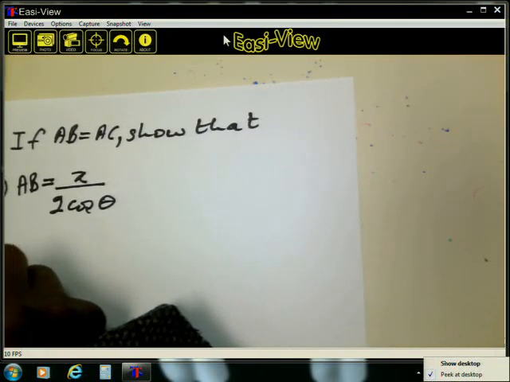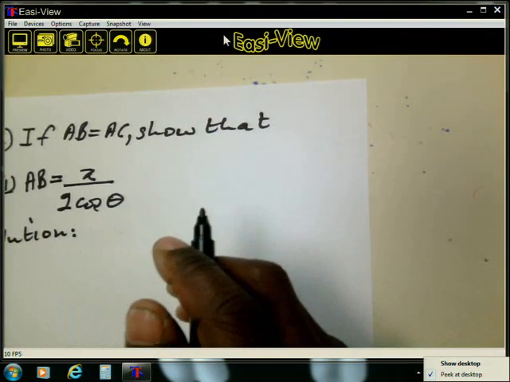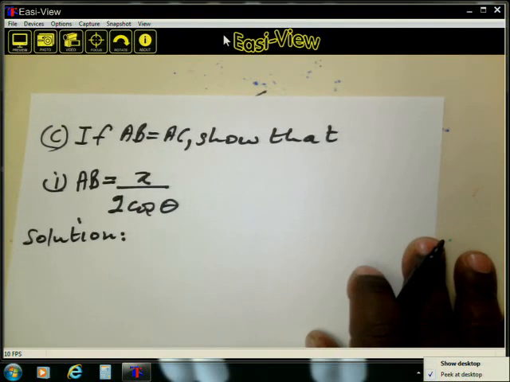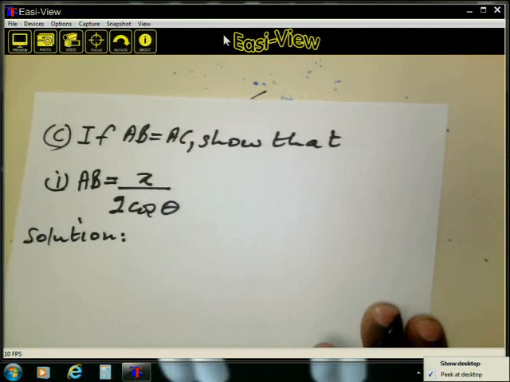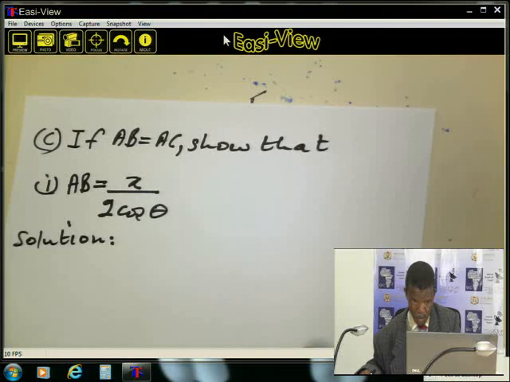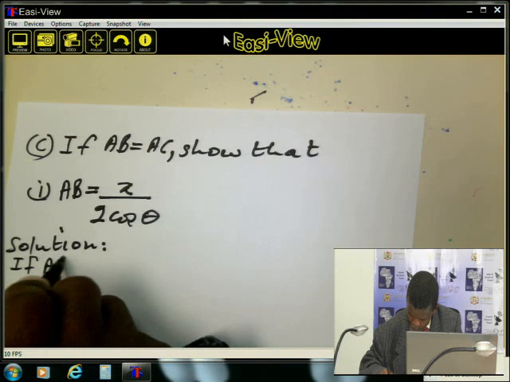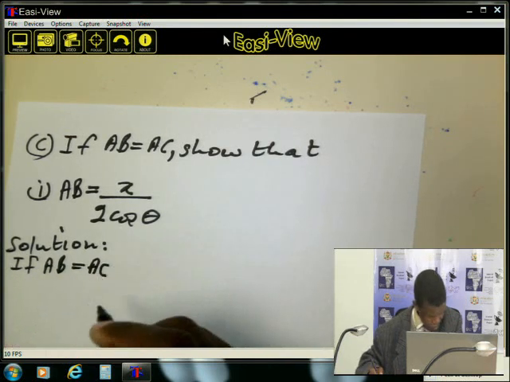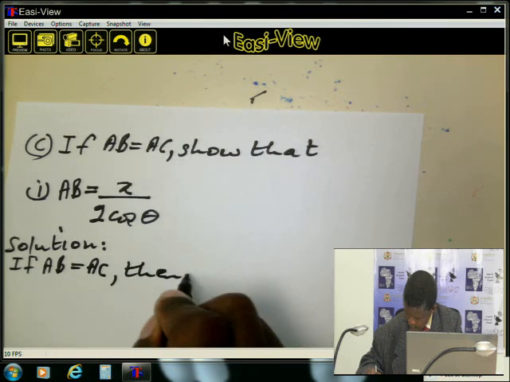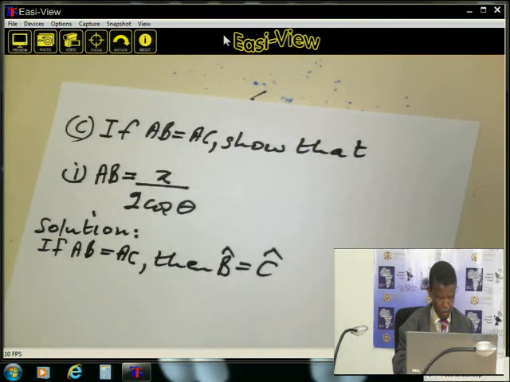Now, solution. In any triangle, angles opposite equal sides are equal to each other, and sides opposite equal angles are equal to each other. So if AB is equal to AC, then angle B must be equal to angle C. Let me bring it back here.